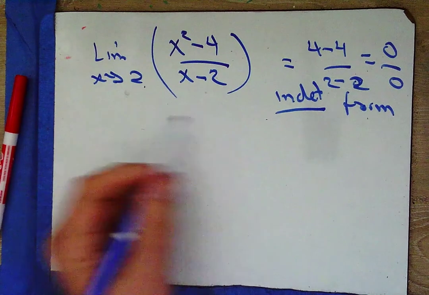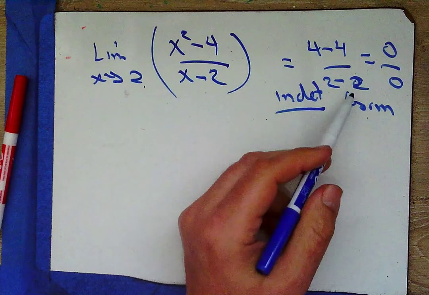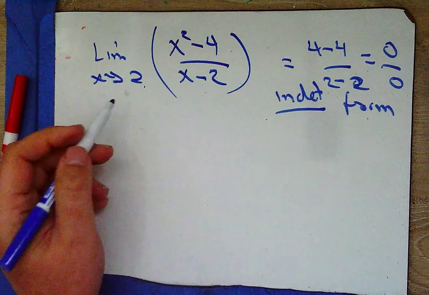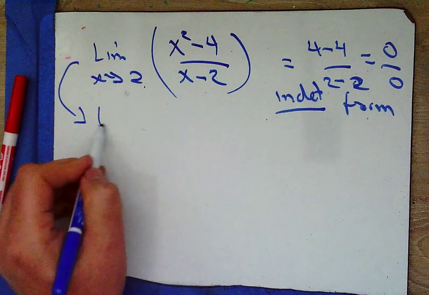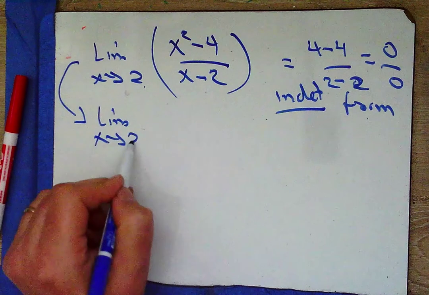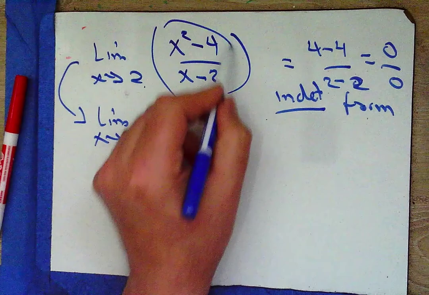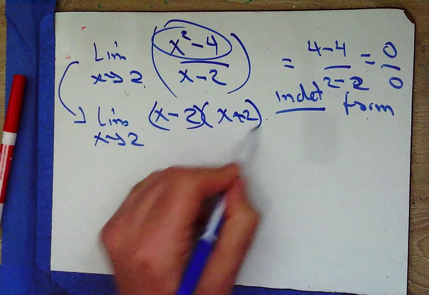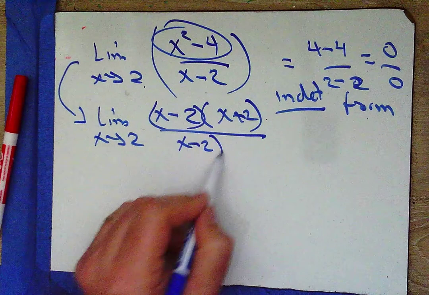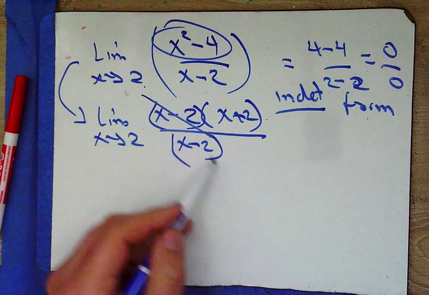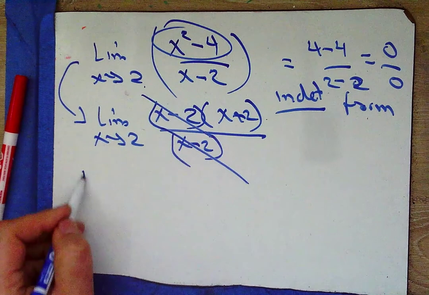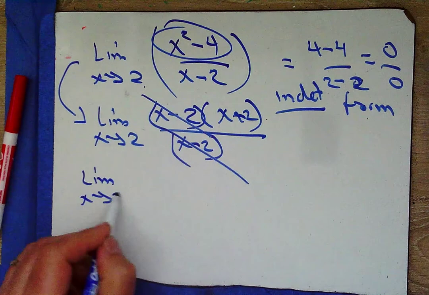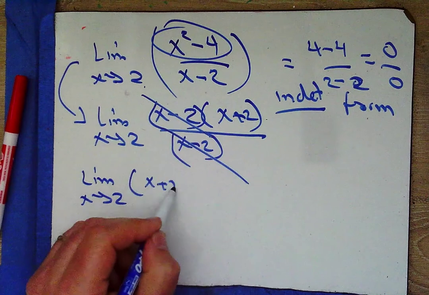Since direct substitution didn't work, the next thing I try is using my algebra skills. So we've got the limit as x approaches 2. That's a difference of squares that we can factor: (x − 2)(x + 2) over x − 2. And then look, cancel. Now we're looking at the limit as x approaches 2 of x + 2.